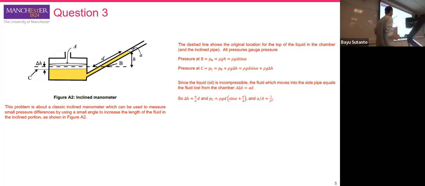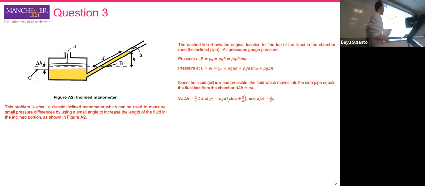Since the liquid or oil is incompressible, the fluid moving into the side pipe is equal to the fluid lost from the chamber. So this is what we can use to make a relation to calculate the change of volume. The volume movement is an incompressible flow. If there is displacement from this dotted line to level C, the volume change will be equal to the volume increase in this area.